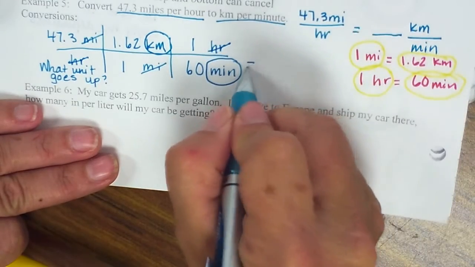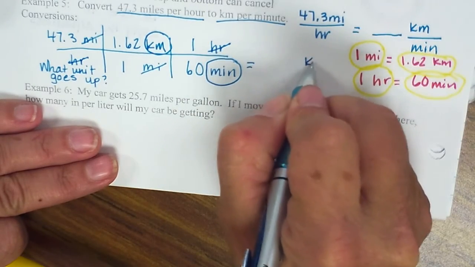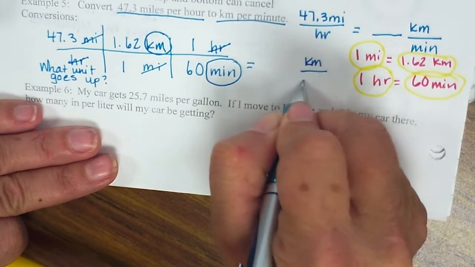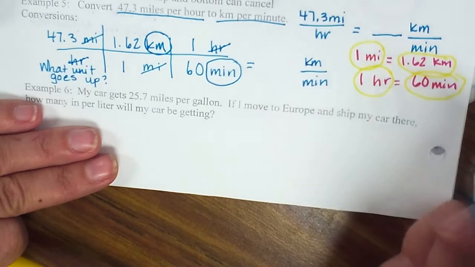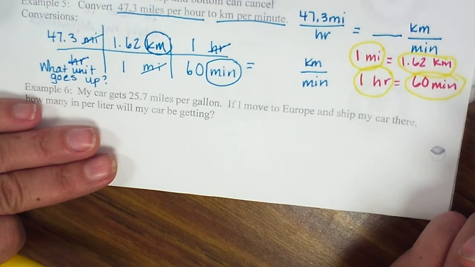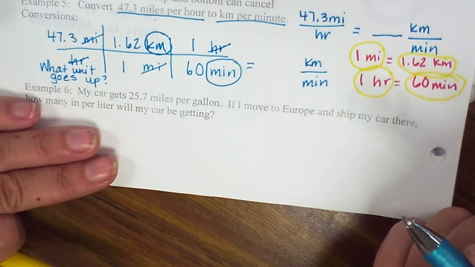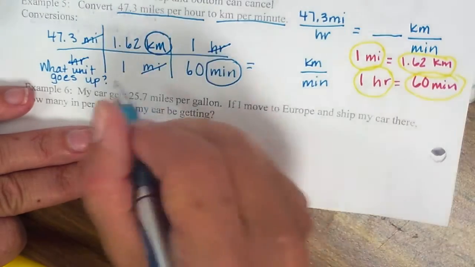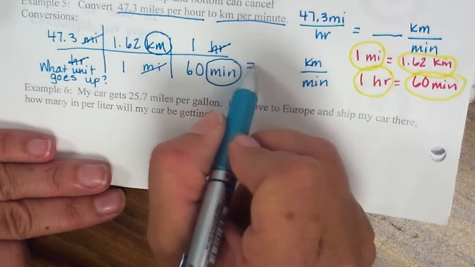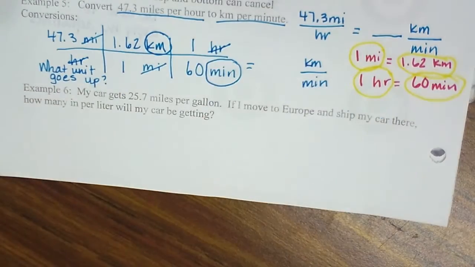And that leaves me with kilometers per minute for my units. I converted each one of them separately. Okay? Now, all I have to do is my math. Multiply, multiply, multiply, divide, divide, divide.